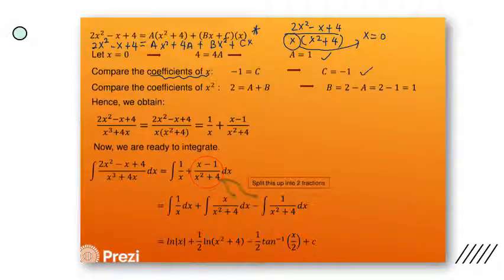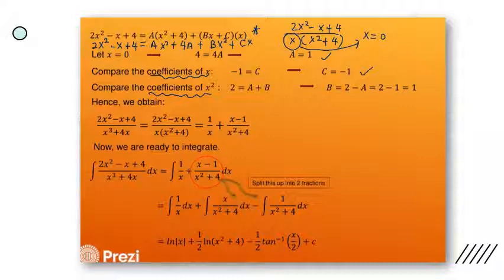Next we want to find the value for B. We compare the coefficient of x squared. The coefficient for x squared on the left hand side is 2.